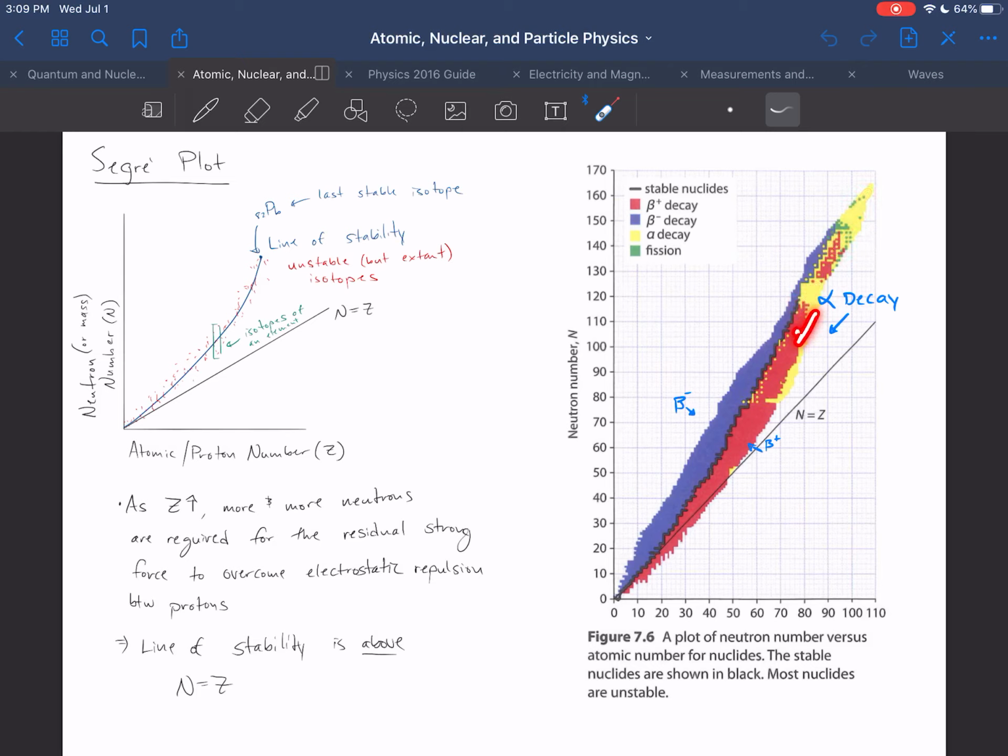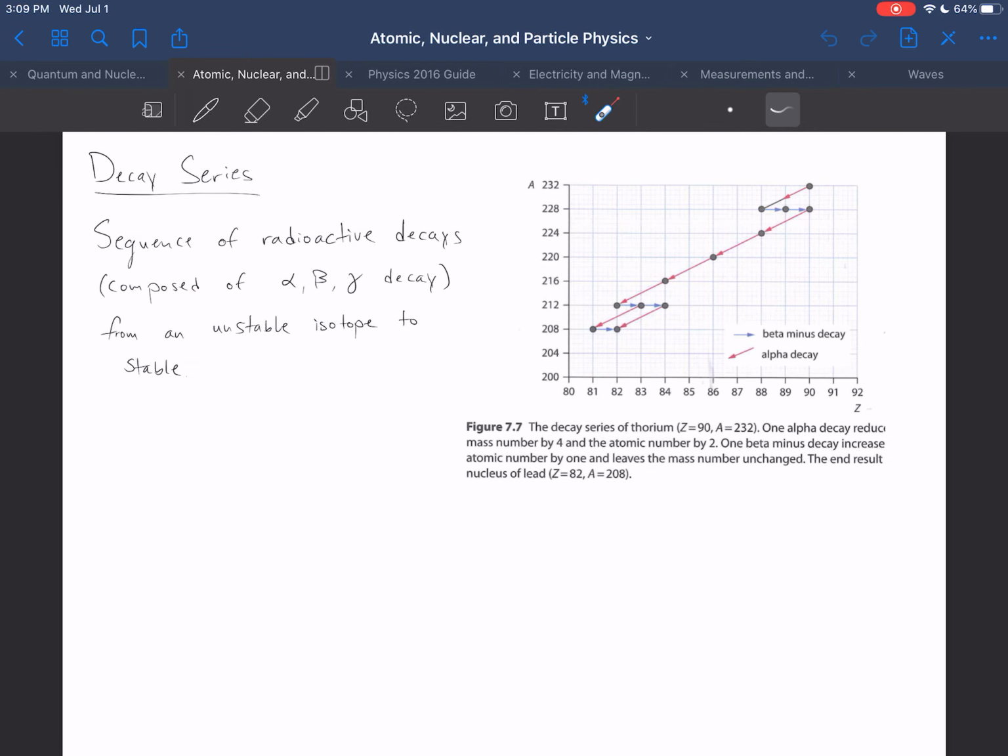And so you see this kind of decay among nuclides that are fundamentally too big, as they'll emit alpha particles. So from a Segre plot, we can predict roughly what kind of decay a particular unstable nuclide might undergo.